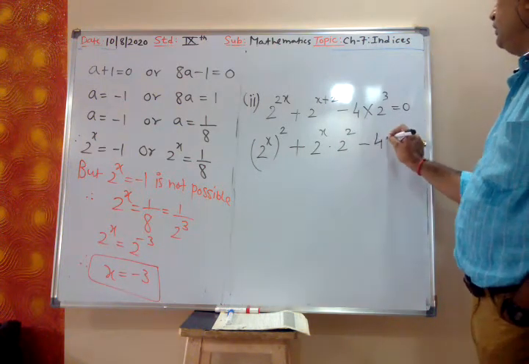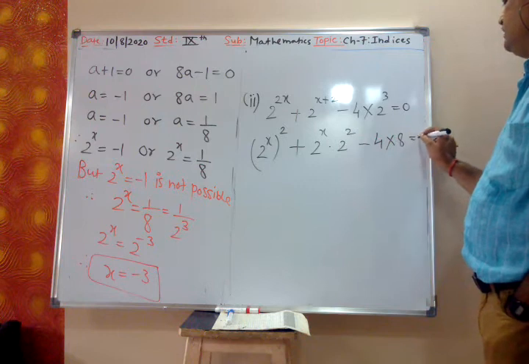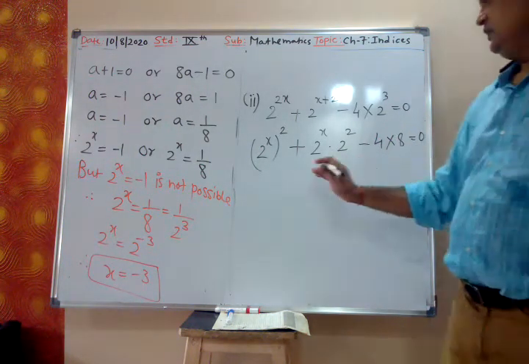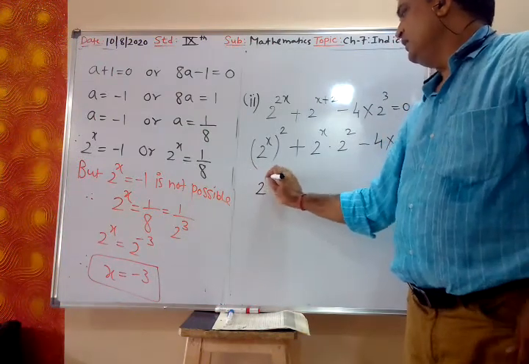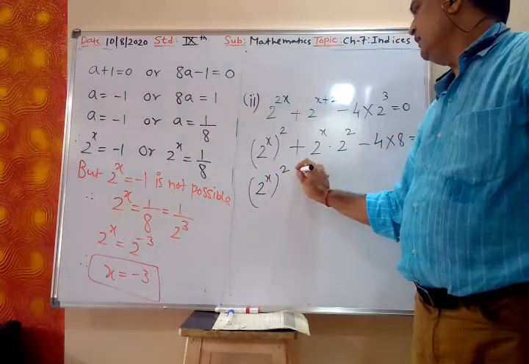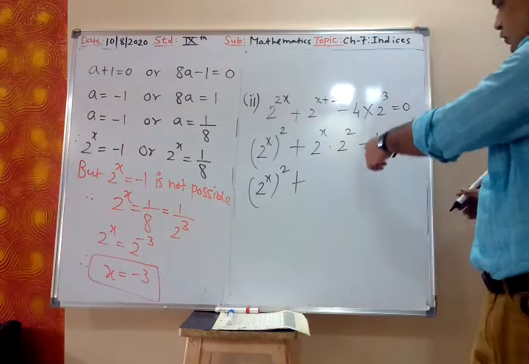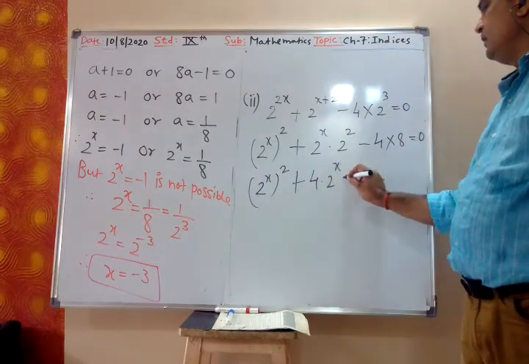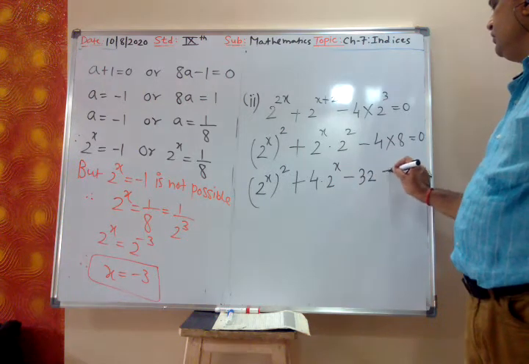Minus 4 into 2 raised to 3, which is 8. So this we write 2 raised to x raised to 2. 2 raised to 2 is 4. 4 into 2 raised to x minus 32 is equal to 0.